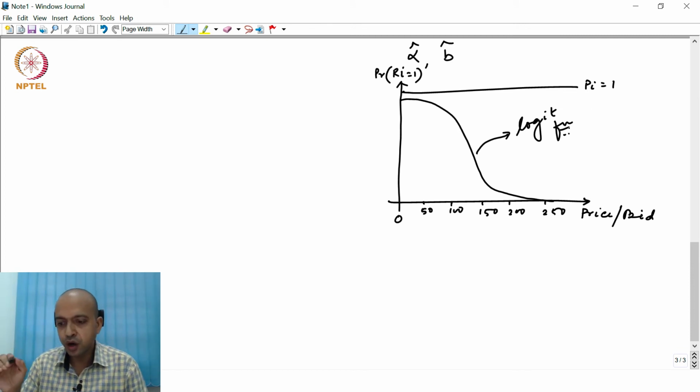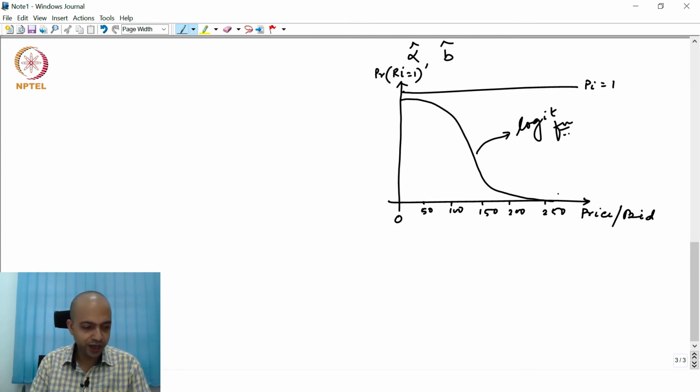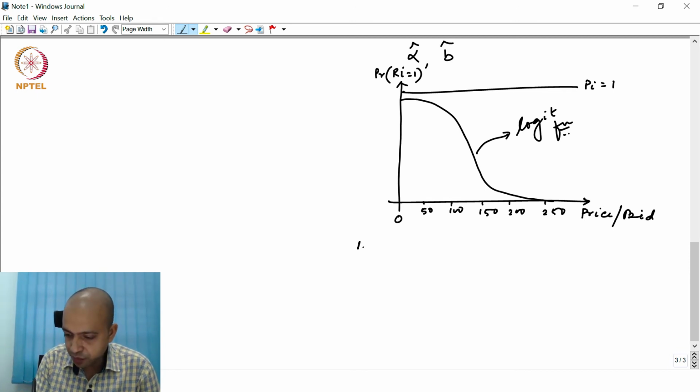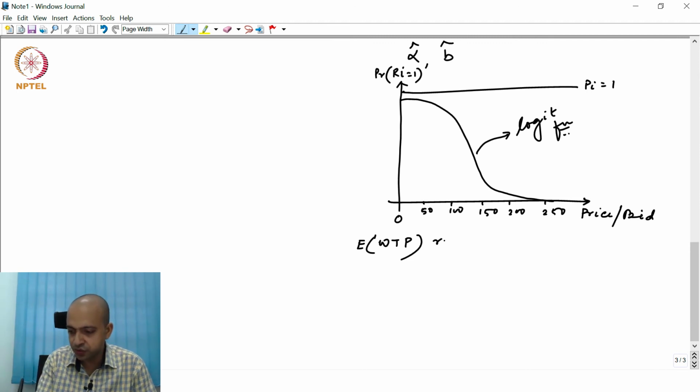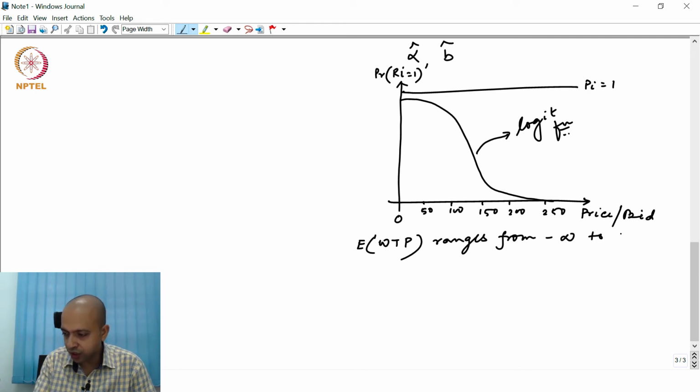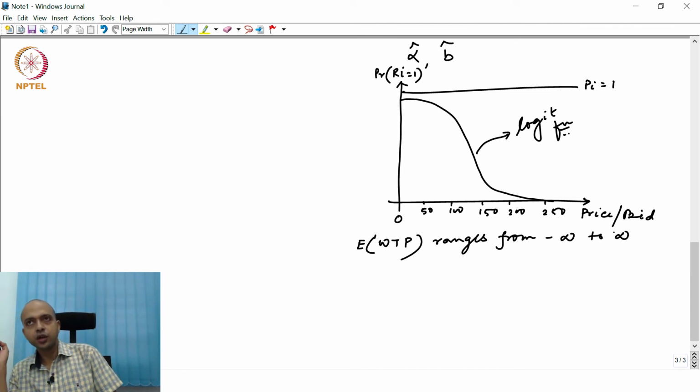Generally the willingness to pay is the area under this logit model, and the mean willingness to pay is the expected value of willingness to pay, which ranges from minus infinity to plus infinity, because this is nothing but a cumulative logistic function.